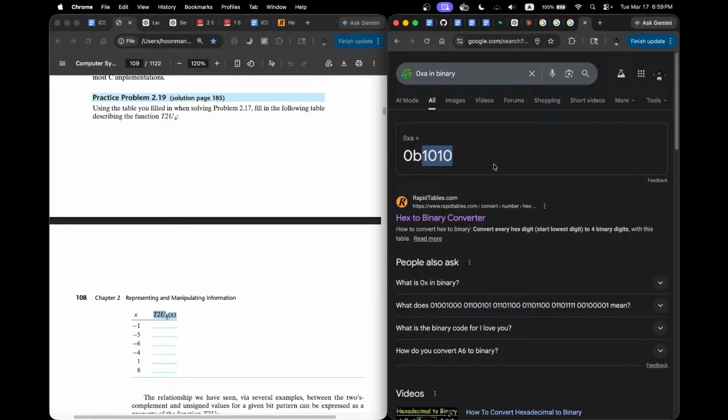So 1111 would be -1. So that would be 7 plus 8, which is 15. 12. 1 is gonna be just 1. 8 is gonna be probably just 8.